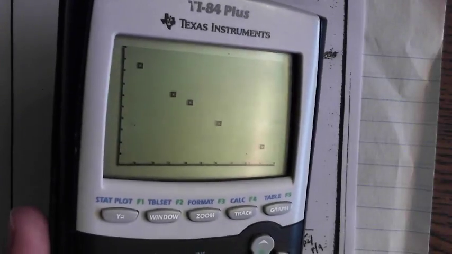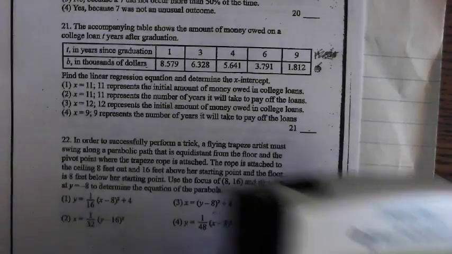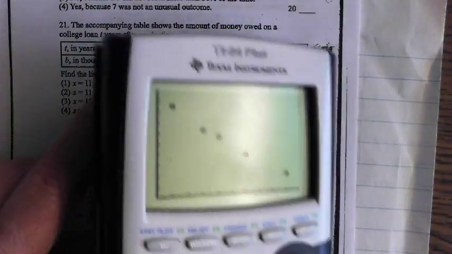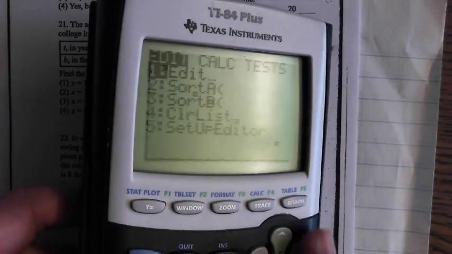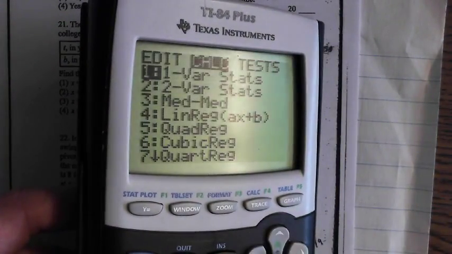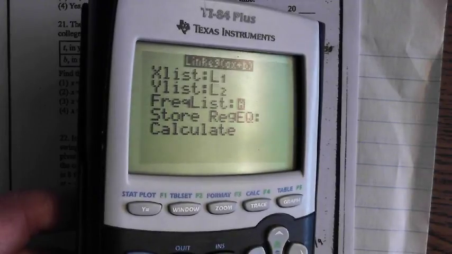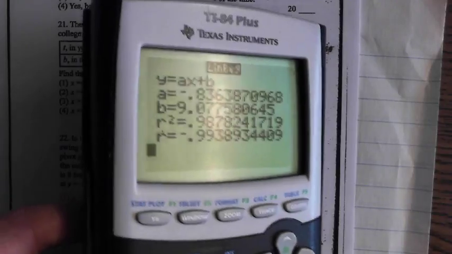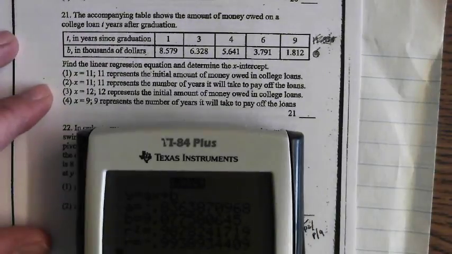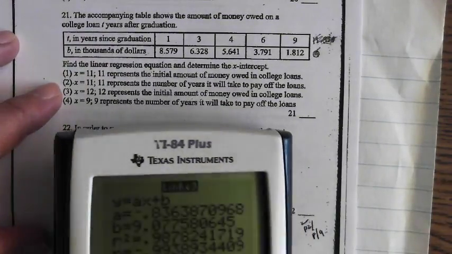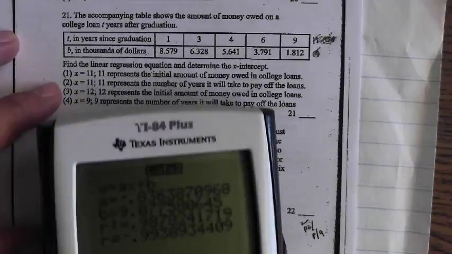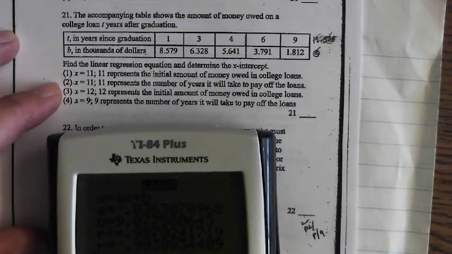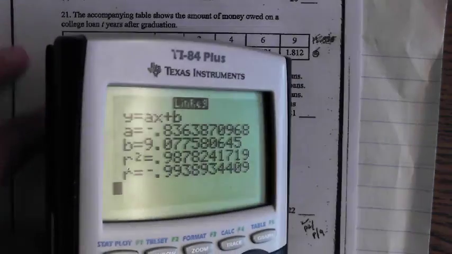Now, it says to run a linear regression, so we don't have to make a decision on our own. That would be stat, calculate, and run your linear regression. L1, L2, calculate. Our options say to determine the x-intercept. The x-intercept is when what happens? Y equals 0.